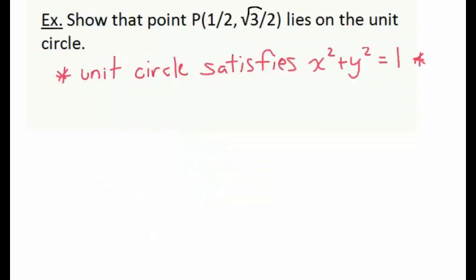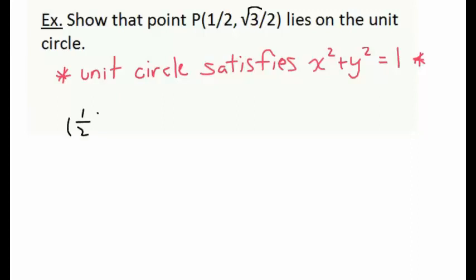Next, let's show that the point (1/2, root 3 over 2) lies on the unit circle. Since the unit circle is a circle with radius 1, it satisfies the relationship x squared plus y squared equals 1. So to show that a point lies on the unit circle, we substitute our x-coordinate and y-coordinate into this relationship and see if the sum of the squares is equal to 1.